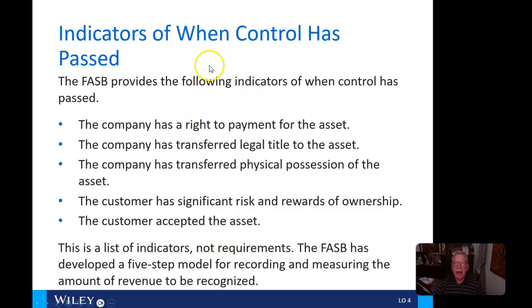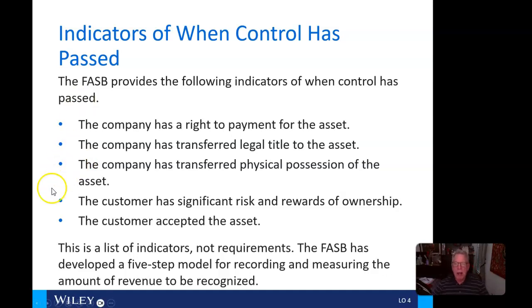Okay, when has control passed? There's some examples here, indicators. The company has a right to the payment for the asset here. The company has transferred legal title to the asset. The company has transferred physical possession of the asset.